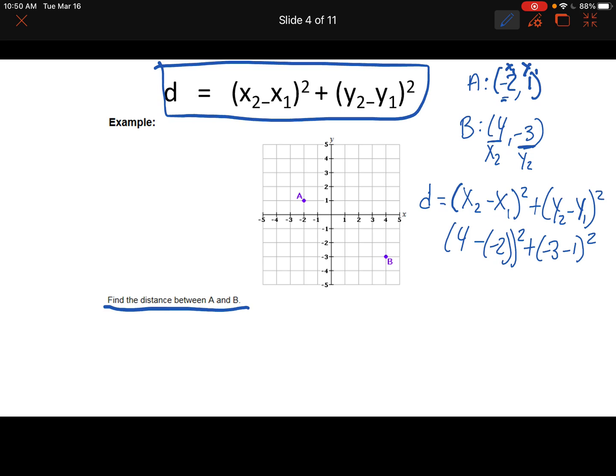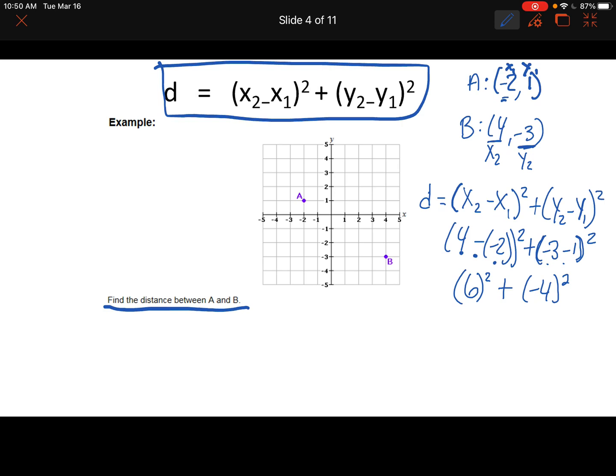Okay, so we have in parentheses 4 minus negative 2, which gives me 6 squared, plus in parentheses over here we have negative 3 minus 1, which gives me negative 4 squared. Then I'm going to go ahead and square these.